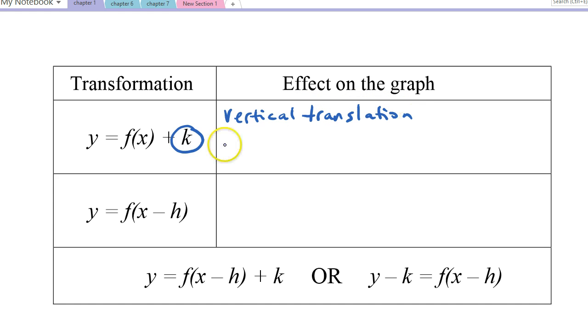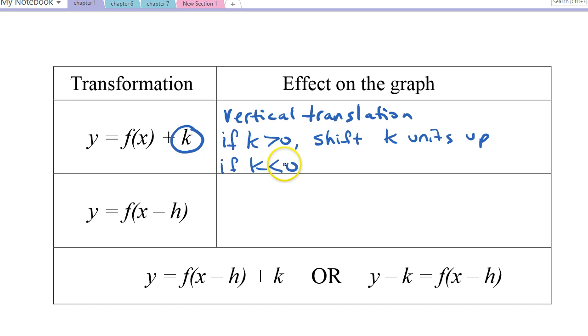So if k is positive, so say if k is greater than 0, just another way of saying that's positive, shift k units up. If k is less than 0, shift units down.